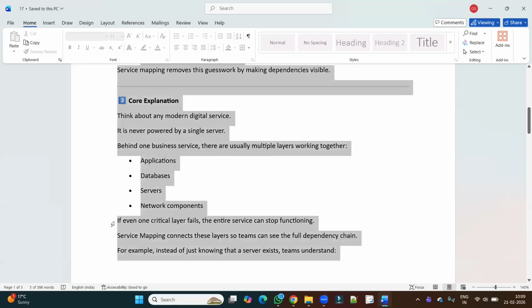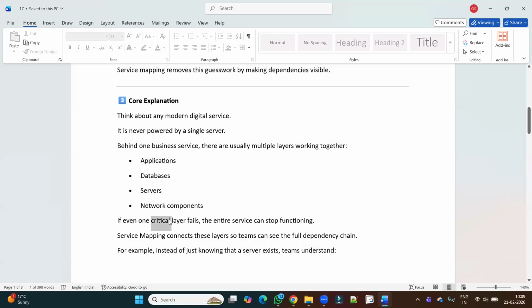So if even one critical layer fails, the entire service can be stopped. If any of these components is not working properly, obviously it has an impact on the business service functioning. So service mapping connects these layers so that teams can see the full dependency chain.